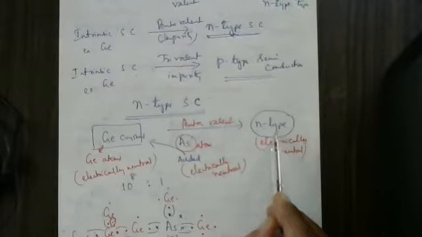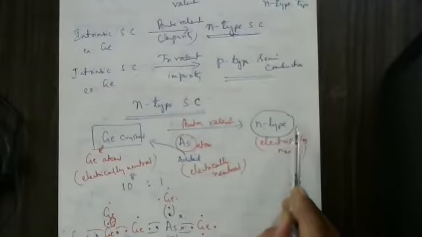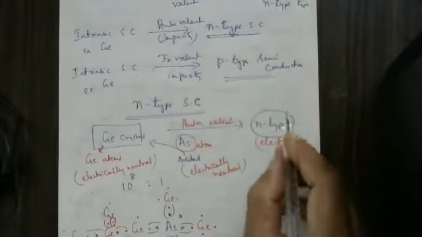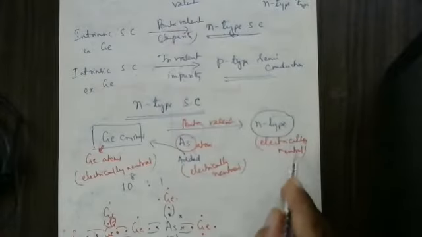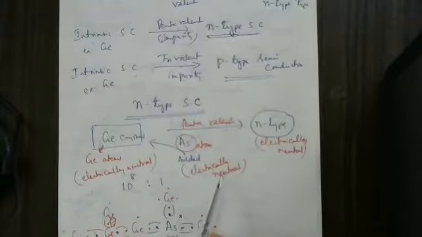One more question: what is the charge of an N-type semiconductor? The charge of an N-type semiconductor is equal to 0 because the atoms are electrically neutral.